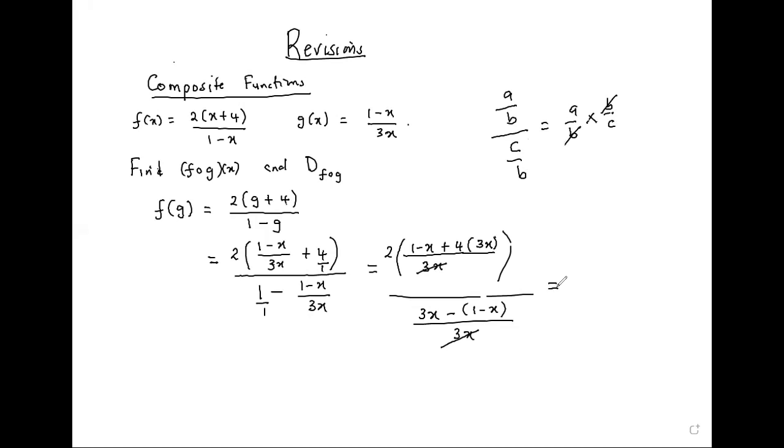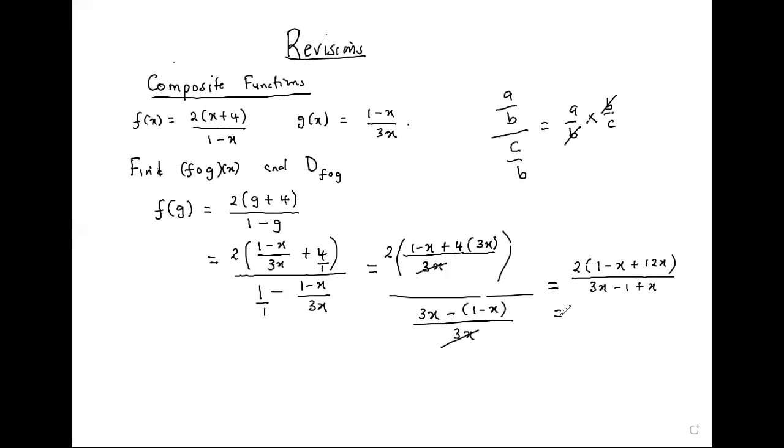And then now we remain up there with 2, okay, (1 minus x plus 4x) over (3x minus 1 plus x).